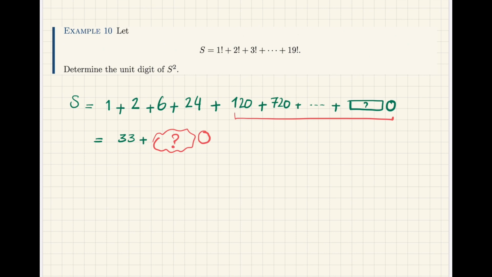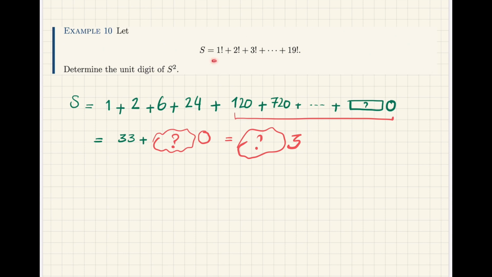And now if I have a number which ends with 0 and I add 33 to it, then again I don't know what is happening here, but this will end with 3. Okay, so if you ask me what is this number, of course I don't know, but I can say about the unit digit of S, the unit digit of S is definitely a 3.